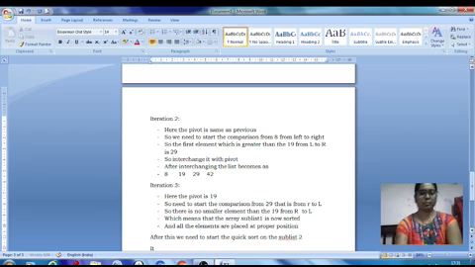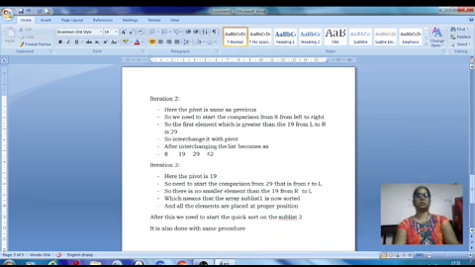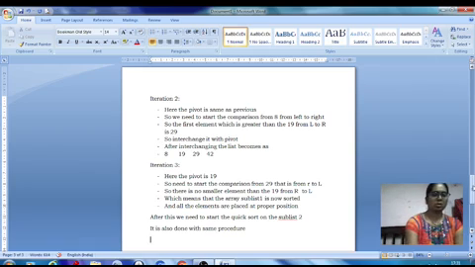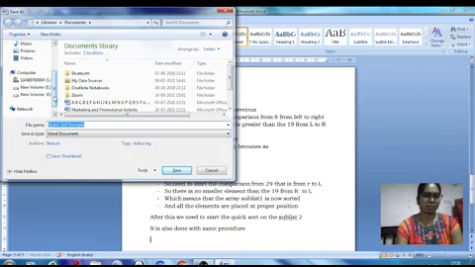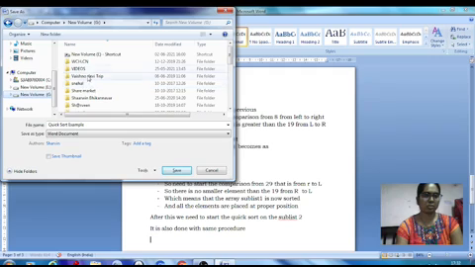It is also done with the same procedure. So here I am not going to solve this particular one. So this is the thing which we need to consider with respect to the quick sort, and how to solve the examples on the quick sort.